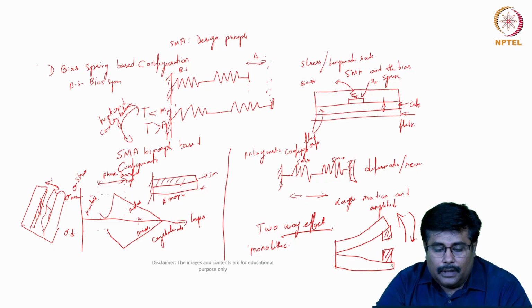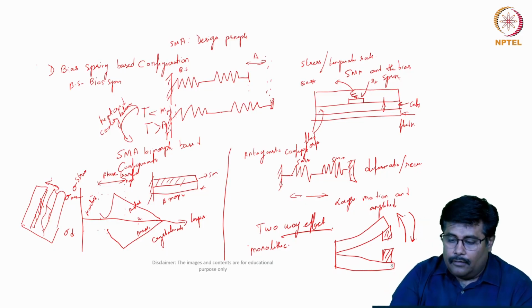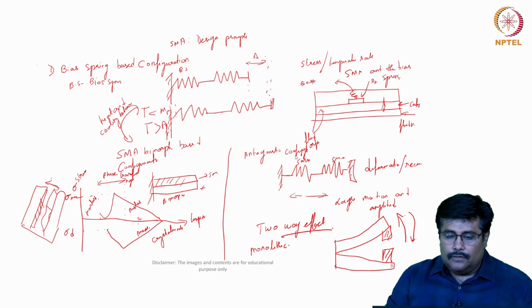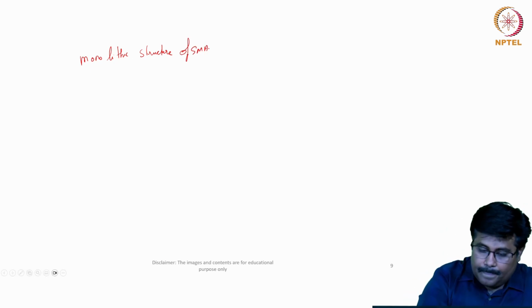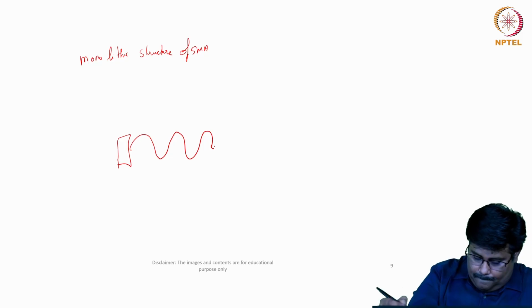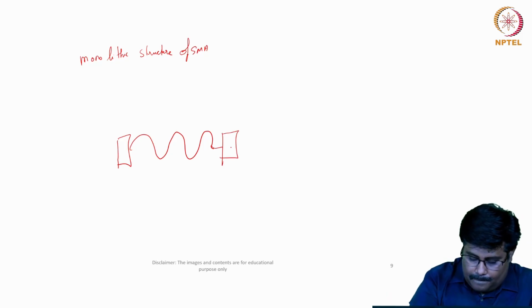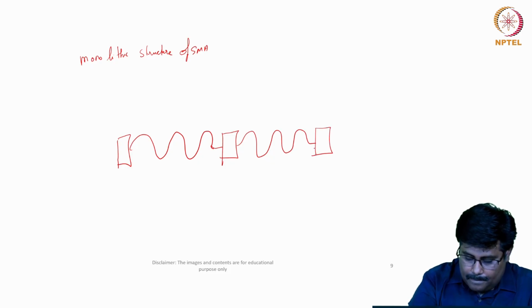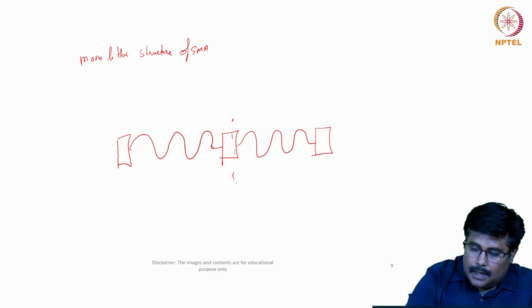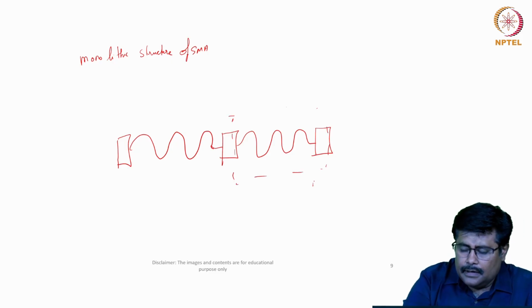So it is something like this, assuming we have only one or two springs. For example, in the case of a monolithic structure of SMA, let us consider this is a kind of an annealed structure.